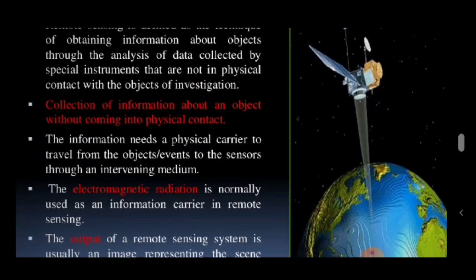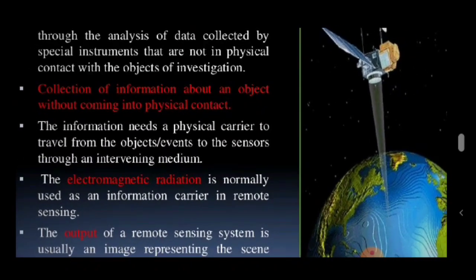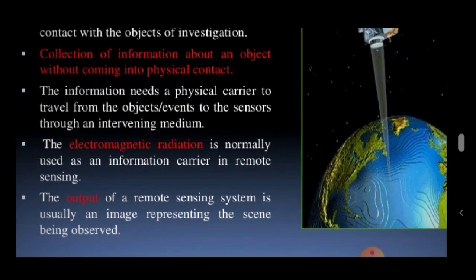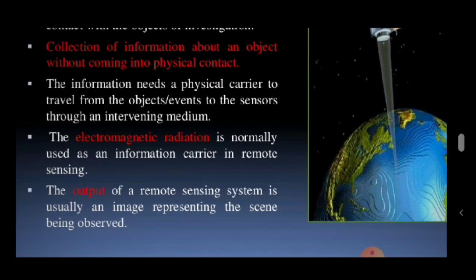When the information needs a physical carrier to travel from the object, we use instruments called sensors to complete this task. Also, electromagnetic radiation is normally used to carry this information, as it acts as a carrier in remote sensing.